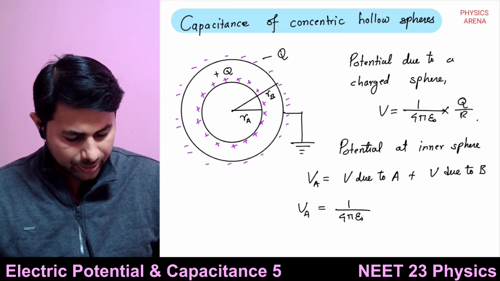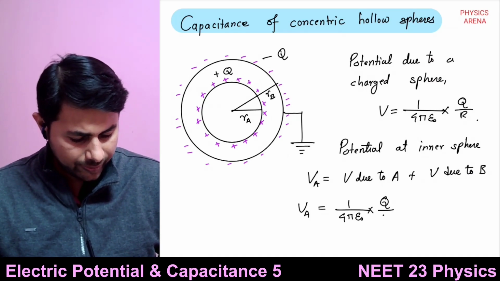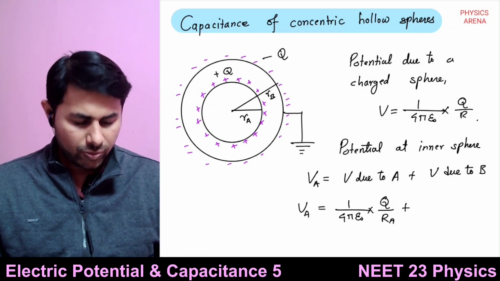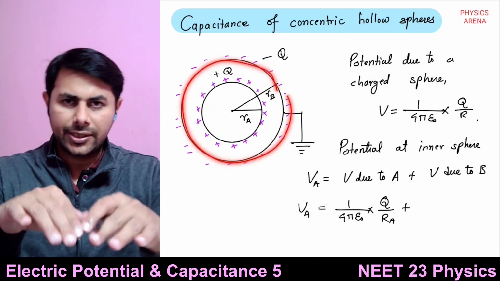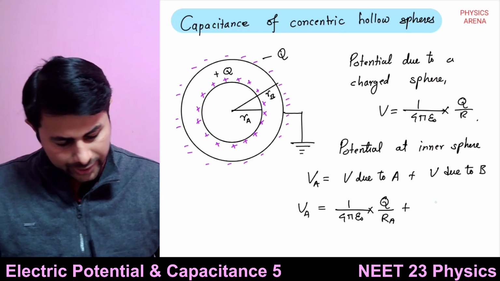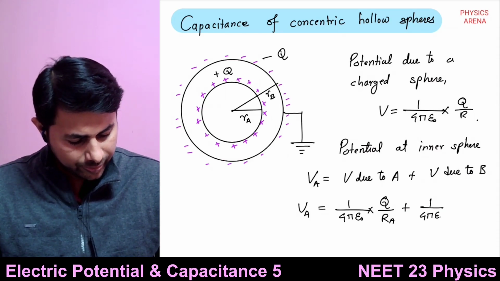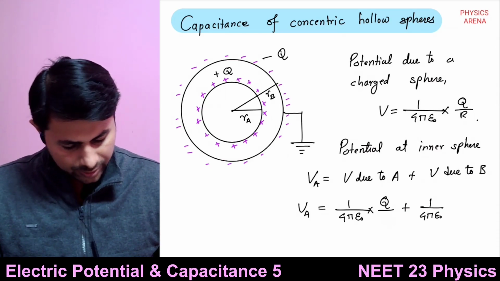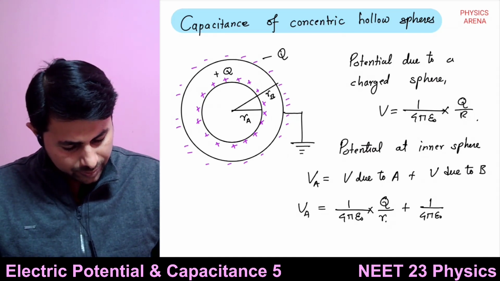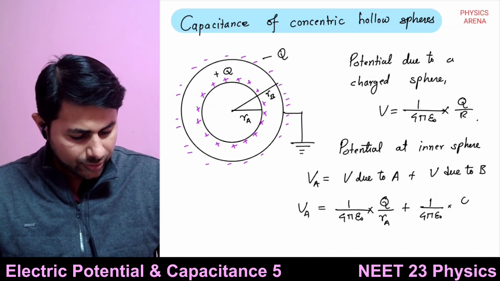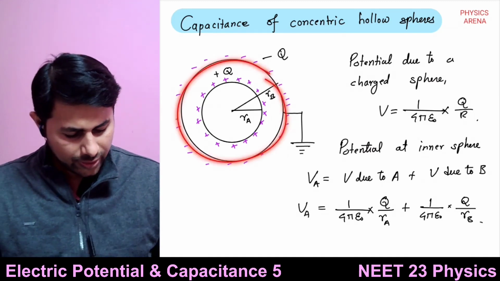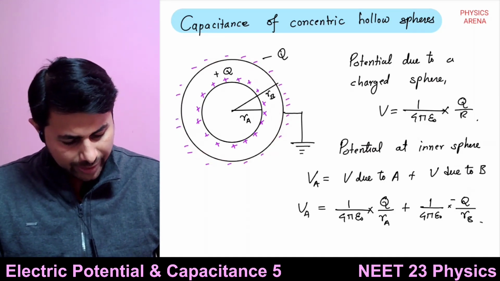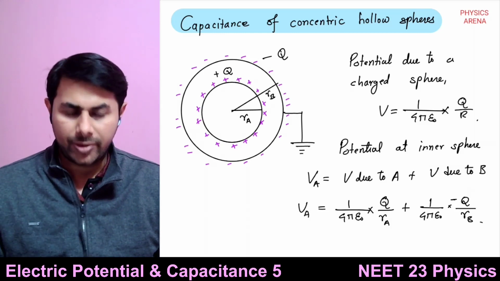It's 1 upon 4 pi epsilon naught multiplied by Q upon RA. The potential due to the outer sphere at any point inside that sphere is 1 upon 4 pi epsilon naught multiplied by Q upon RB. But this charge is negative, so it will be minus Q upon RB.